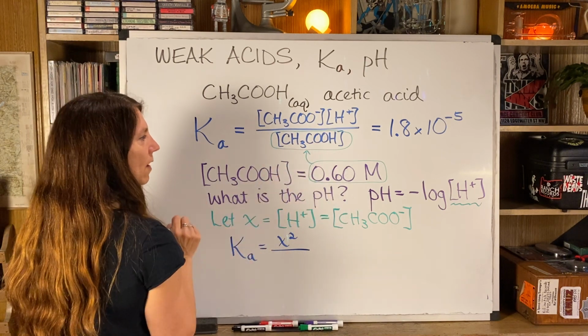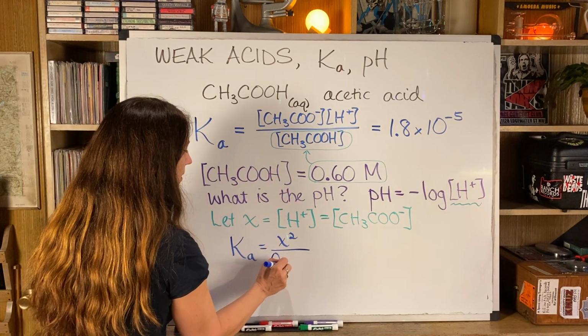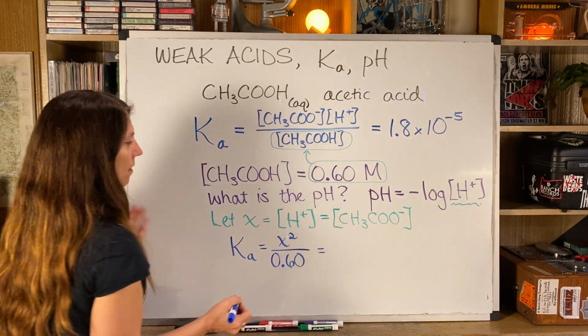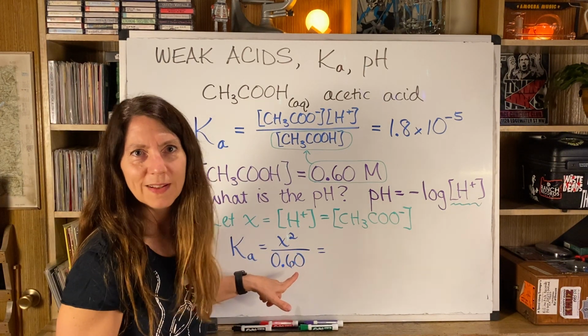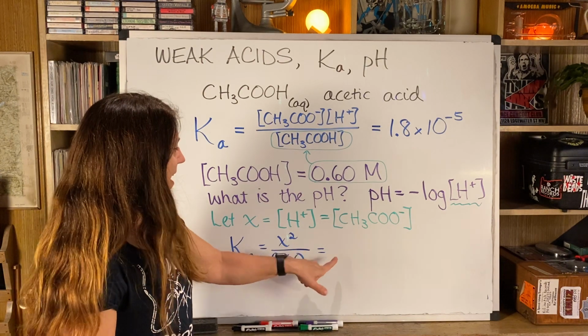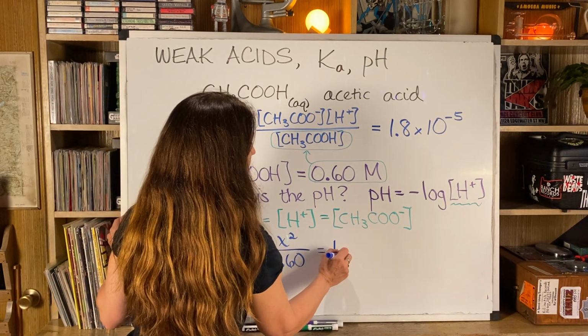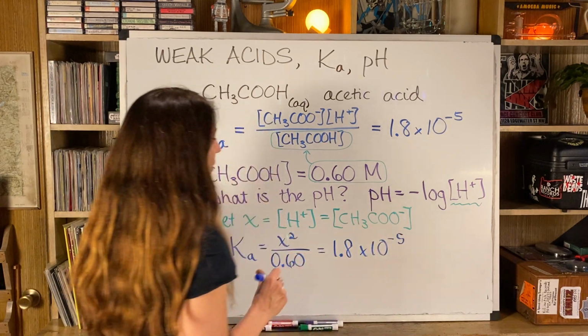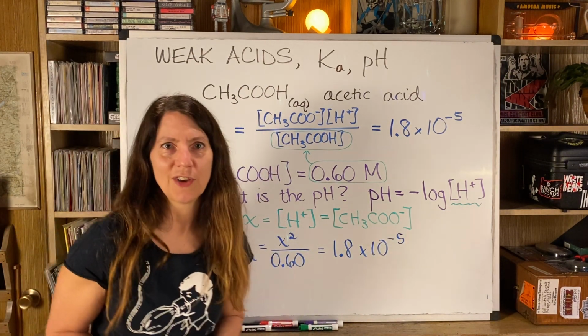We know that this is 0.60 molar. And notice I'm not putting in units there. I'm going to talk about that in a second. And we know that this is equal to 1.8 times 10 to the minus 5th. Okay, a few things to talk about.